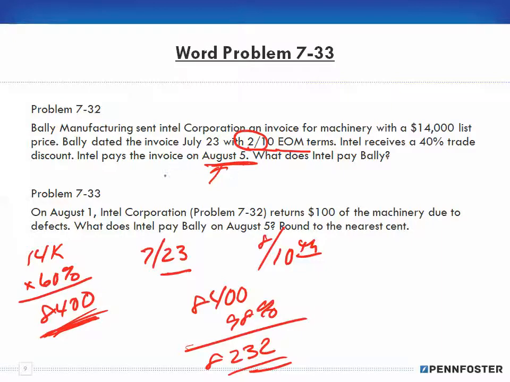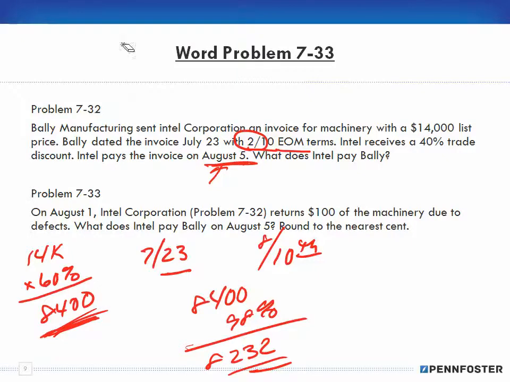Now, problem 7-33. On August 1st, Intel Corp returns $100 of the machinery due to defects. What does Intel pay Bally on August 5th, rounded to the nearest cent?